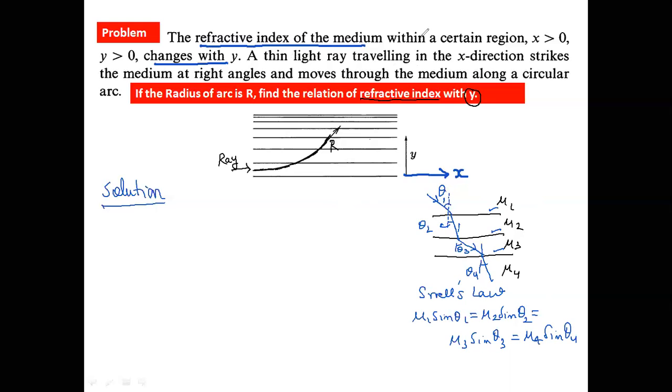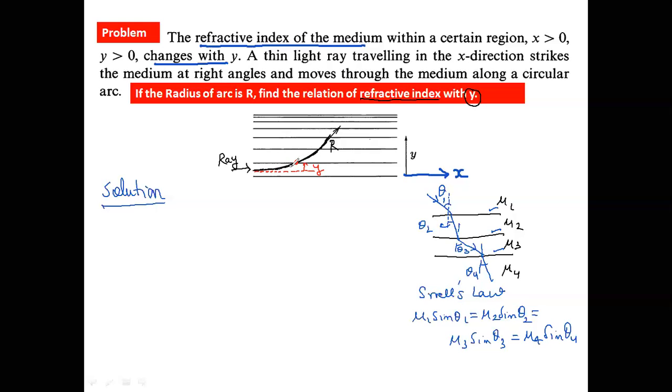If I select a point on the ray, let's say this point is at a height of y from the initial direction of the ray.